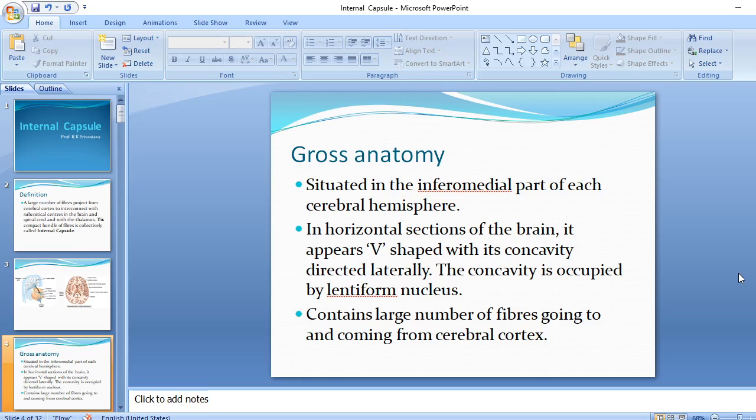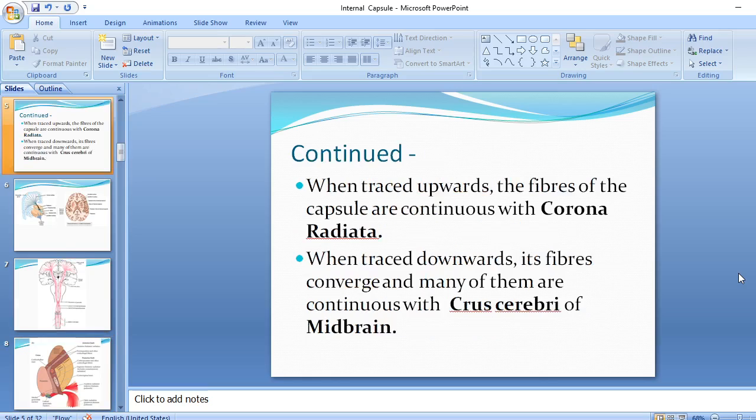It contains large number of fibers going to and coming from the cerebral cortex. When traced upwards, the fibers of the capsule are continuous with the corona radiata. When these fibers are traced downwards, they converge and many of them are continuous with the crus cerebri of the midbrain.